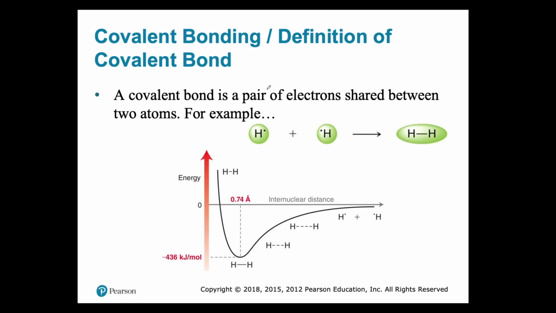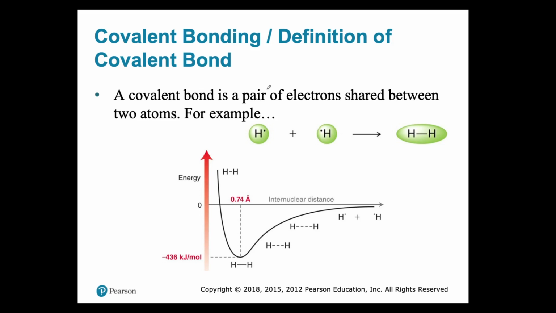But as they get closer and closer to each other, the attraction between the electron and the nuclei becomes so great that it overcomes the repulsion between the two nuclei and the two electrons. That's when you get to this very bottom, this little trough at negative 436 kilojoules per mole of the hydrogen molecule, because at 0.74 angstroms they're at the perfect distance, where the attraction between the nuclei and the electrons is stronger than the repulsion between the nuclei and between the electrons.